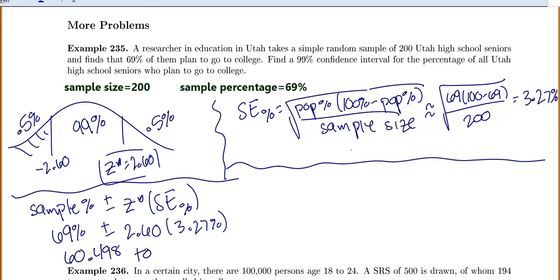And then if I add, I get 77.502. So that is my 99% confidence interval.